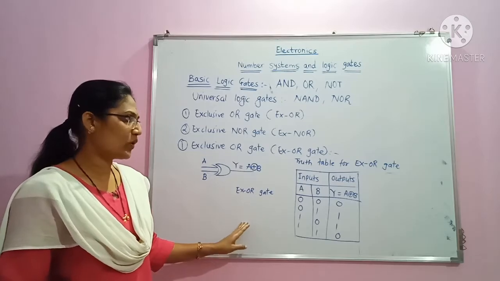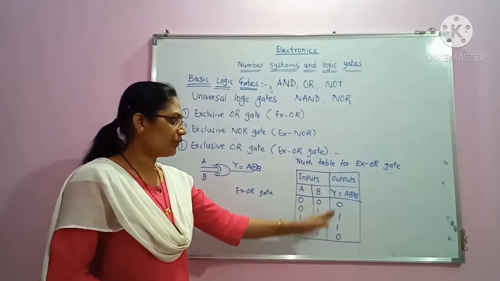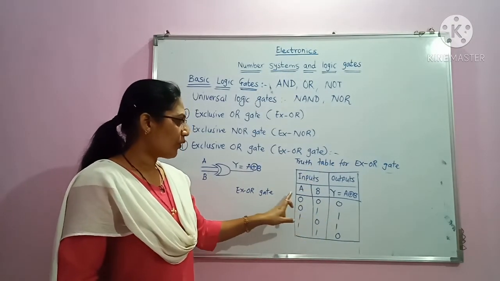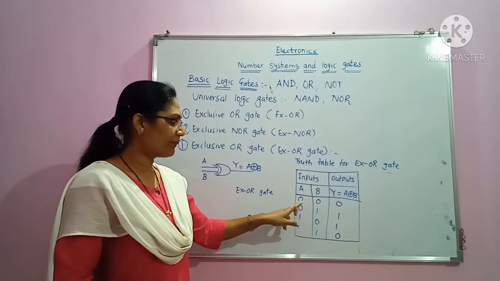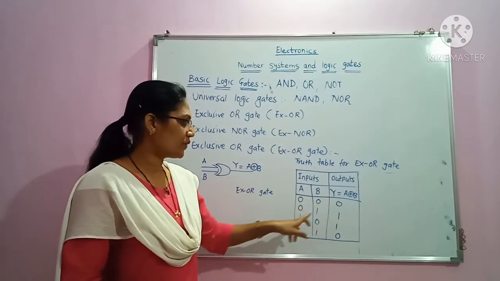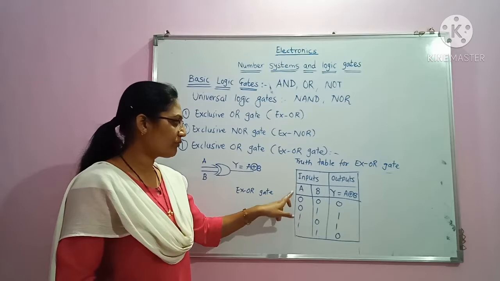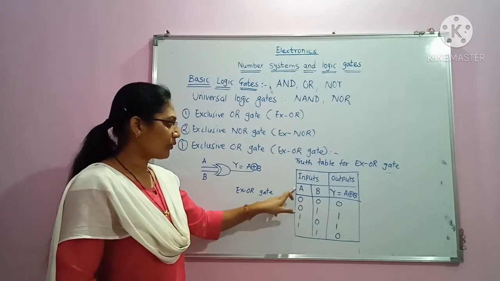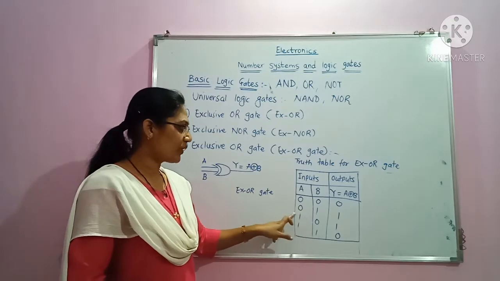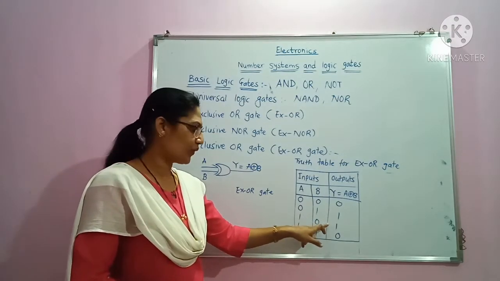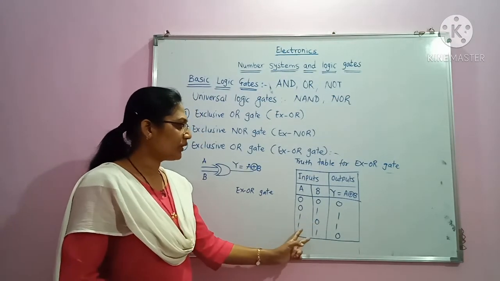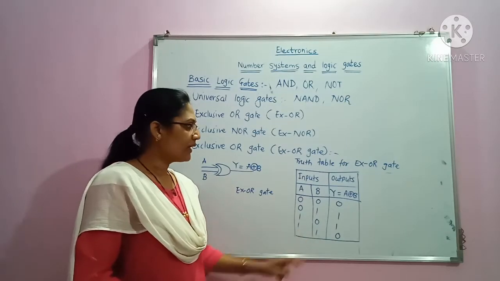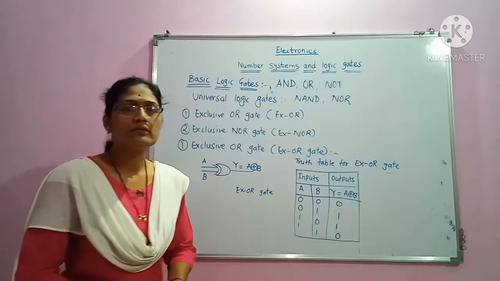For A and B values 0 and 0, output will be 0. For A and B as 0 and 1, output will be 1. For A and B as 1 and 0, output will be 1. And when both the inputs are high, the output will be 0.